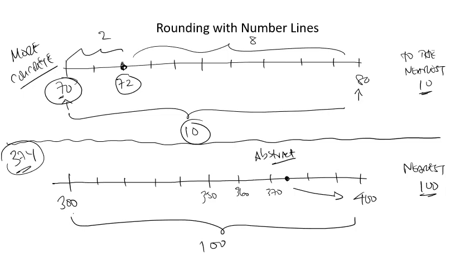Because now we're asking students to understand how this number line works. We're asking them to think a little bit more implicitly about distance. We're asking them to do a little bit more in their mind and a little bit less on the page. And so we can see here that this rounds to 400.